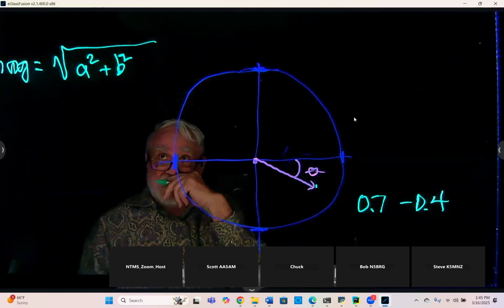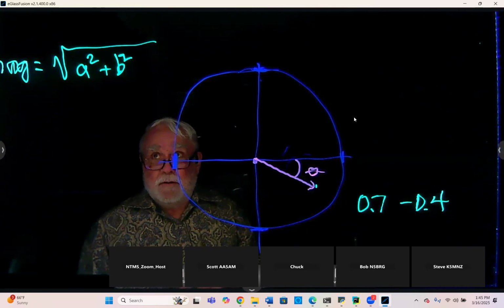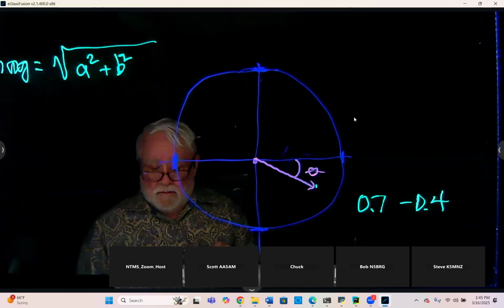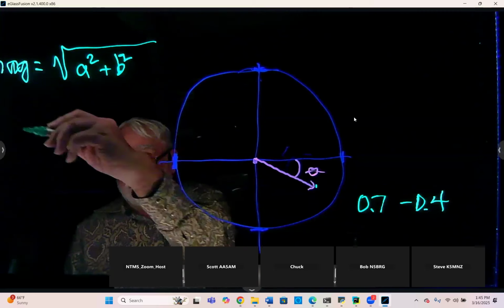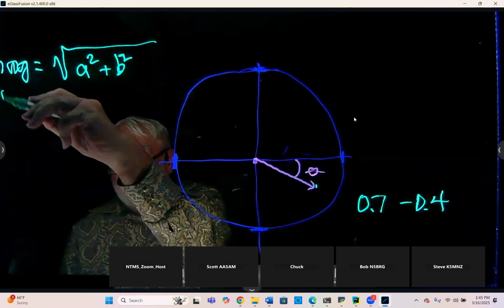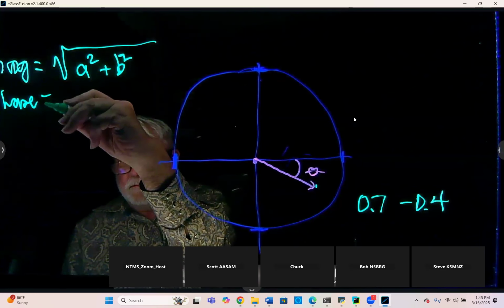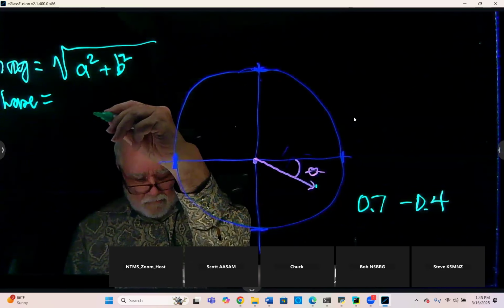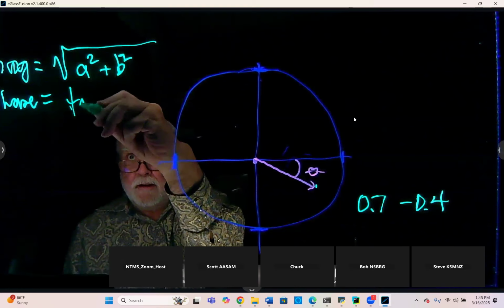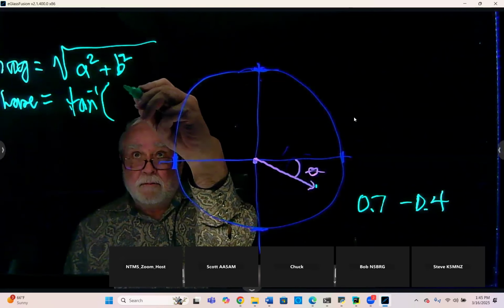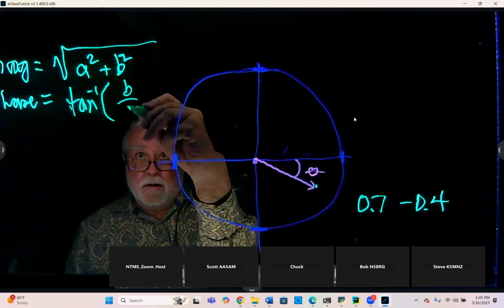So you should begin to recognize that from last week because that was expressed then too. Now the phase, a little more tricky. If your calculator's not real friendly, the phase will be the arctan or tan reverse of, in this case, B over A.